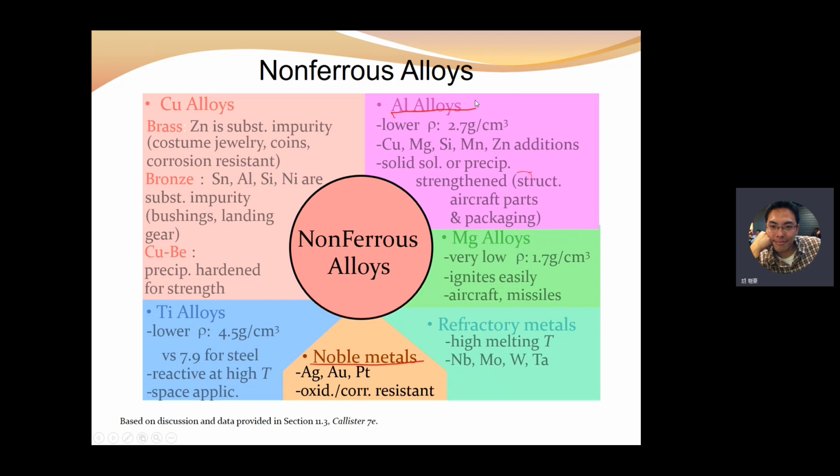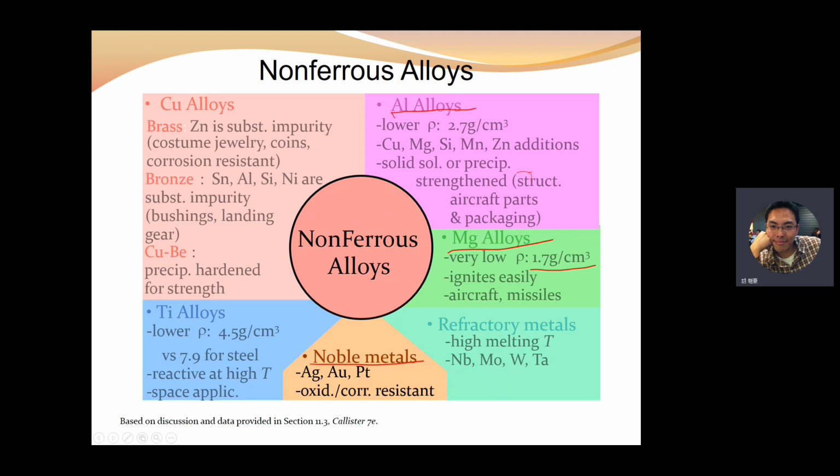And for the magnesium alloy, its density is very low, about 1.7, much lower than aluminum alloy. It ignites easily, and can be used in aircraft and missiles.